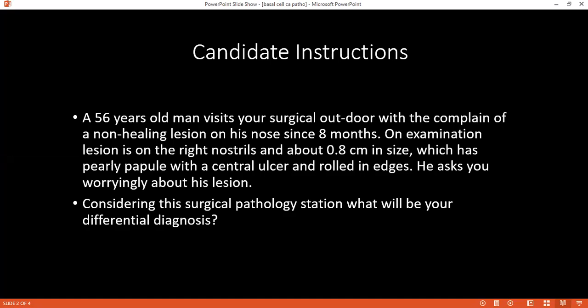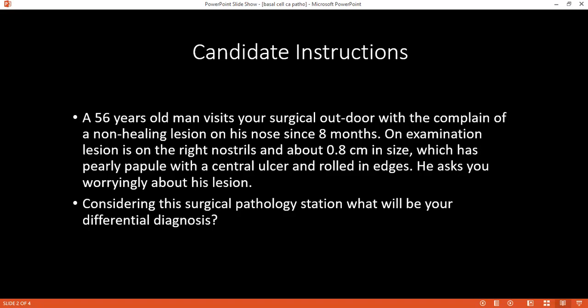Okay, now. So if you have read and understood, considering it's a surgical pathology station, kindly tell me what your differential diagnosis is for this patient. Differentials are basal cell carcinoma, squamous cell carcinoma, malignant melanoma.